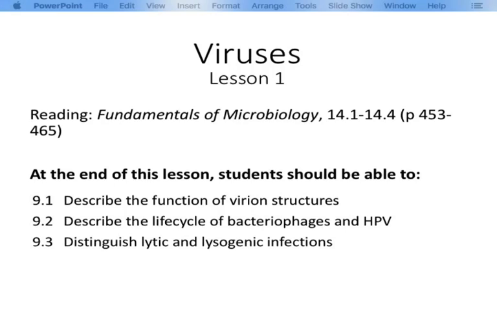So let me set up the scenario here. In the 1920s, bacteriophages were first discovered by a French scientist named Félix d'Herelle. He thought these would be really good to treat cholera infections, and he actually successfully used them to treat cholera infections in India.